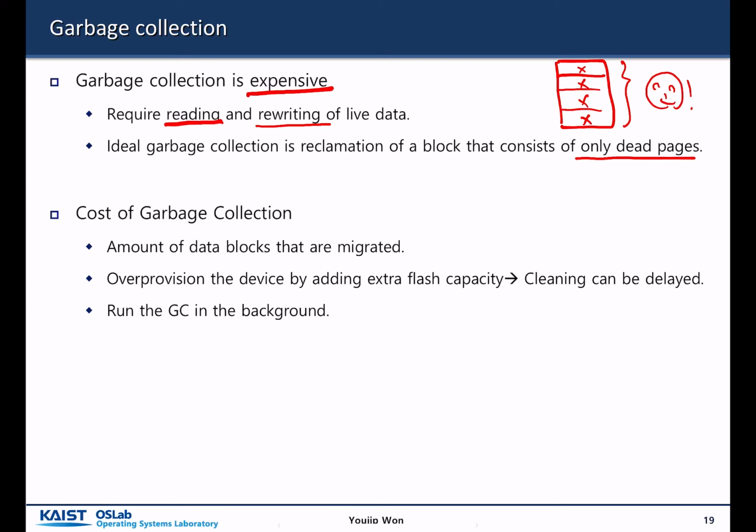The only way to minimize the amount of valid pages in garbage collection is to postpone the garbage collection as much as possible, because then you increase the chance of making some blocks invalid. To do that, you provide extra flash capacity. We call it over-provisioning. And another way of hiding the cost of garbage collection is to run the garbage collection in the background.